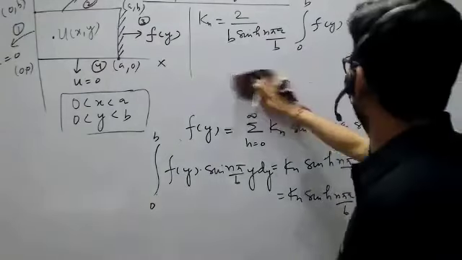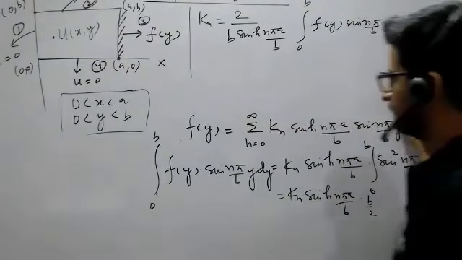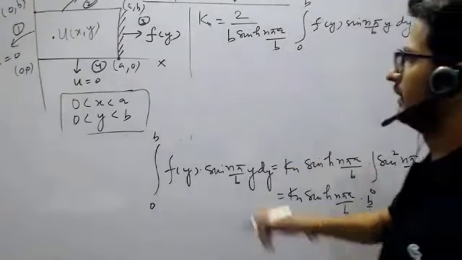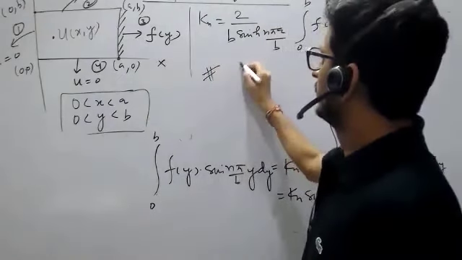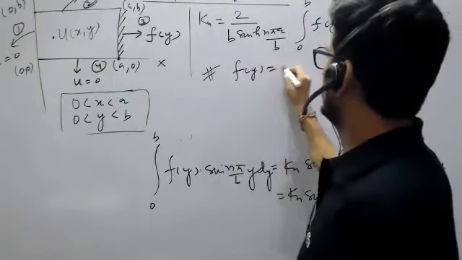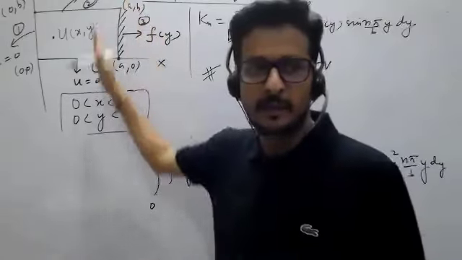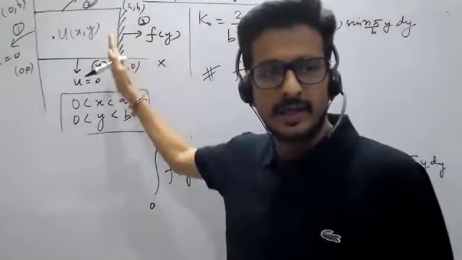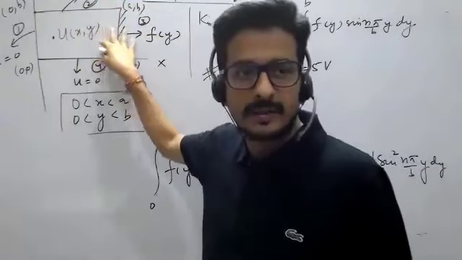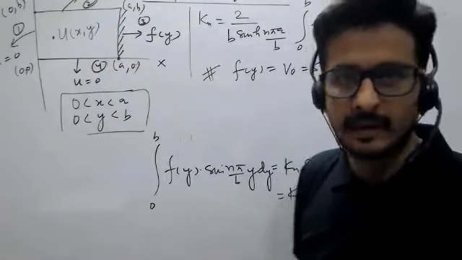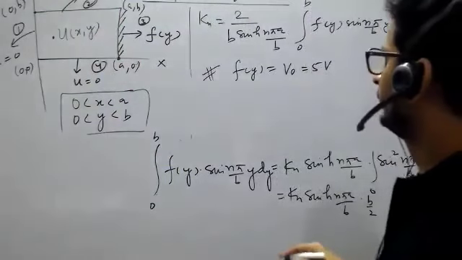what is going to happen. In a question, suppose f(y) was V naught is equal to 5 volt. A constant potential of 5 volt is here, and we want to see what is the potential here. Correct? So what will happen?